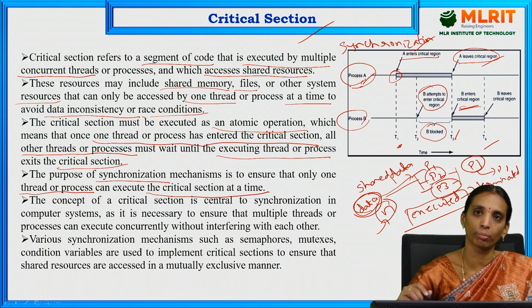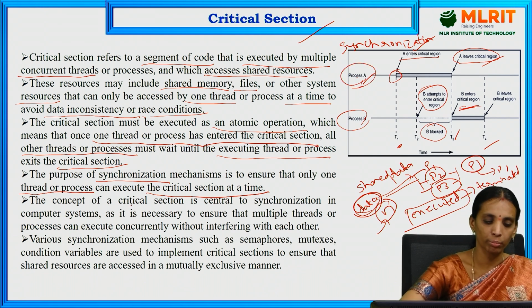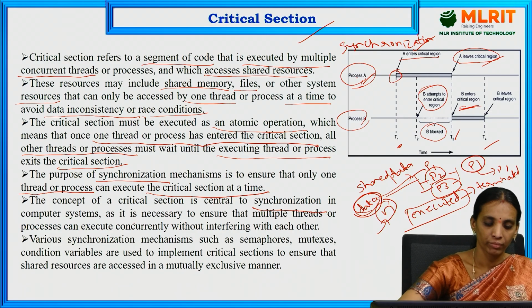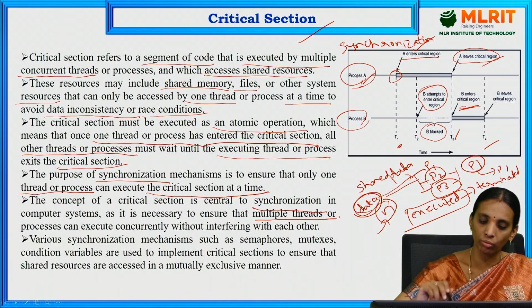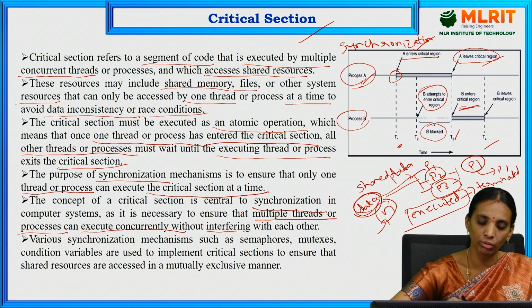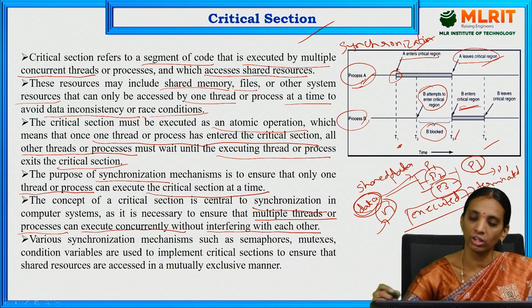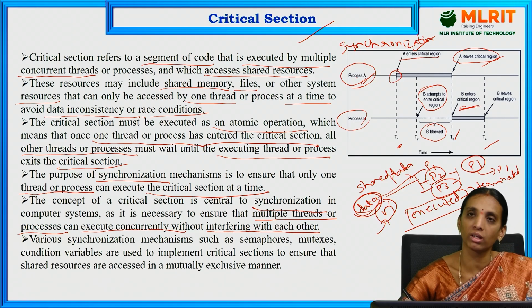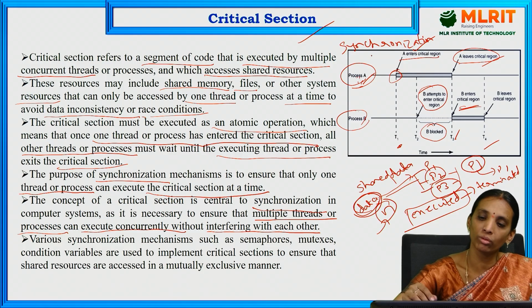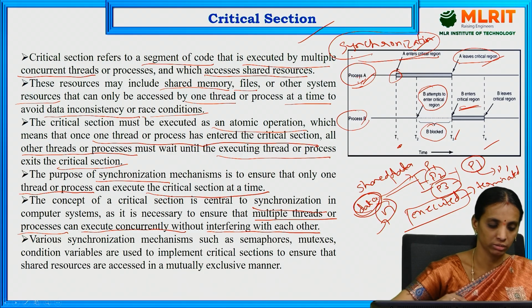The concept of critical section is central to synchronization, as it is necessary to ensure that multiple threads or processes can execute concurrently without interfering with each other. By using the shared data, these two processes can execute concurrently without interference only by using this synchronization concept.